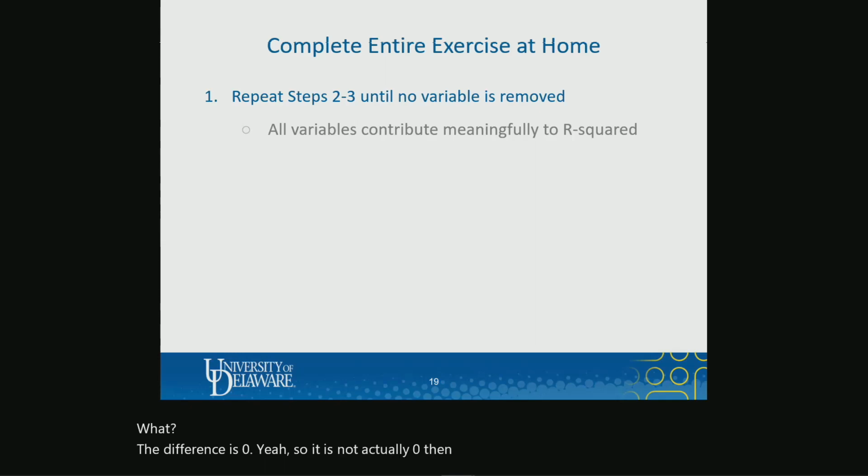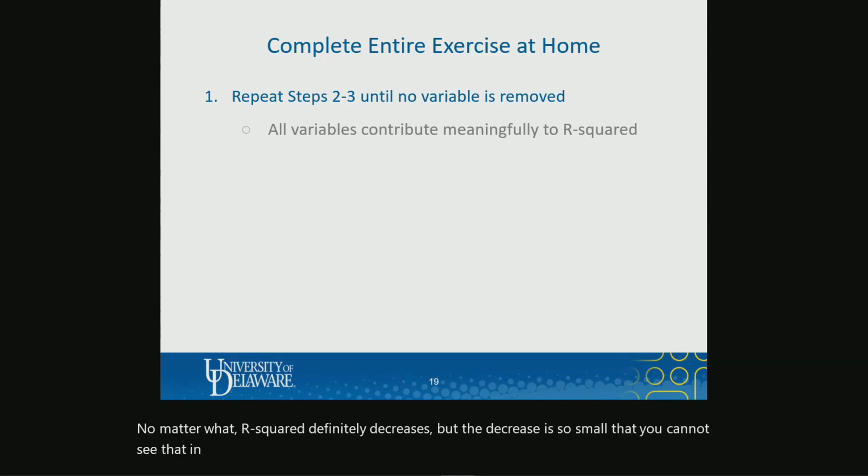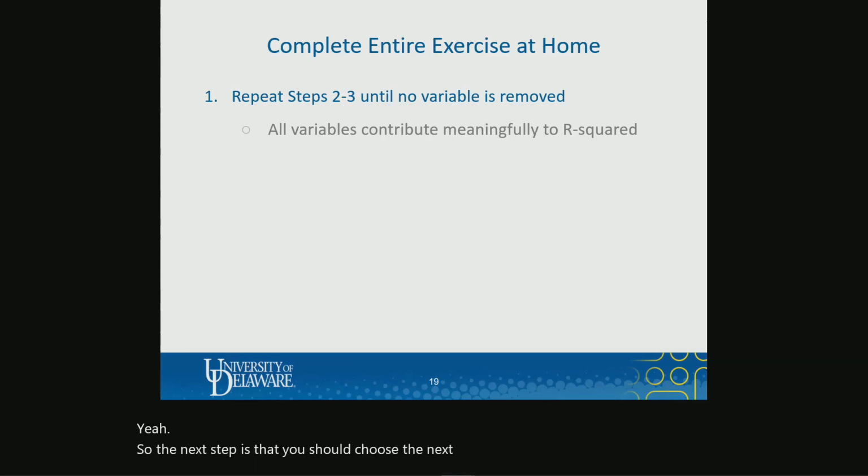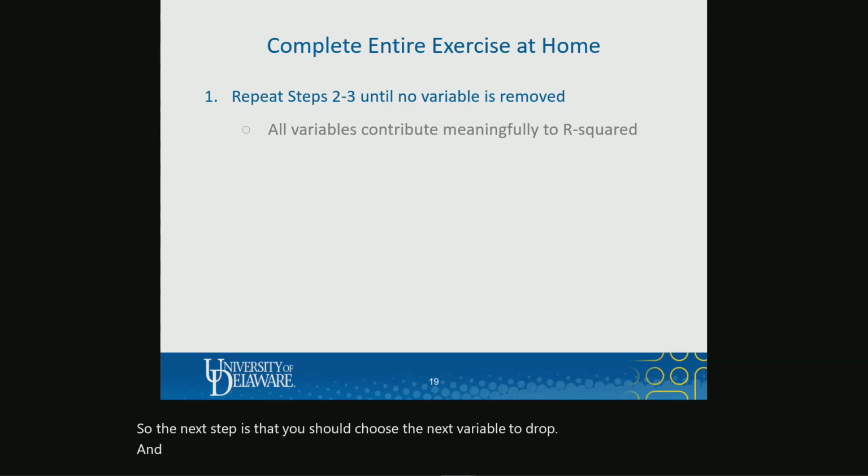When you drop a variable, R squared decreases, no matter what. R squared definitely decreases, but the decrease is so small that you cannot see that in decimal places. So the next step is that you should choose the next variable to drop, or decide that no other variable should be dropped.